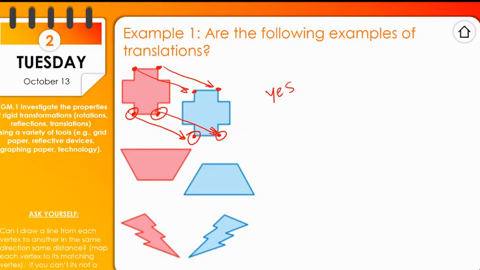Without trying to match up vertices, let's investigate. If we look at the red figure here and here, the sides don't match up. The vertices won't match up. This image or point is matched to this point.